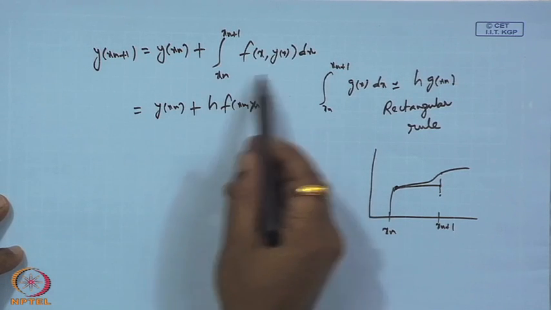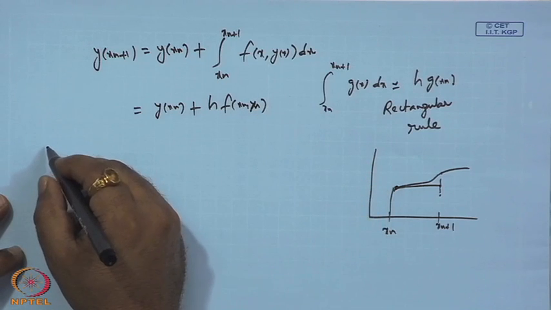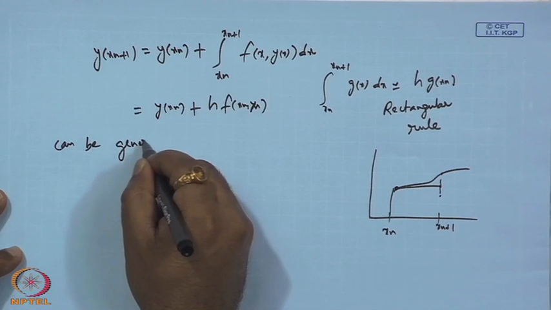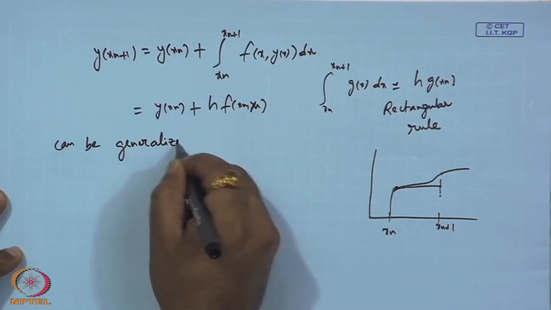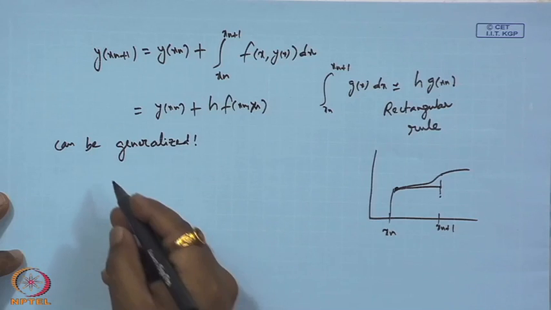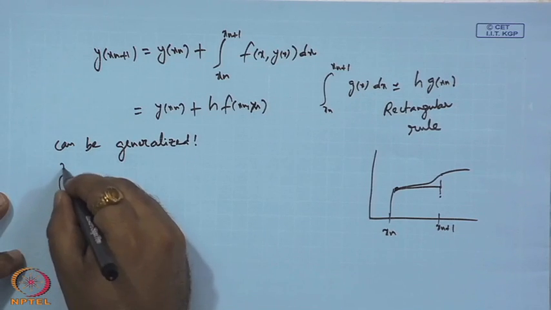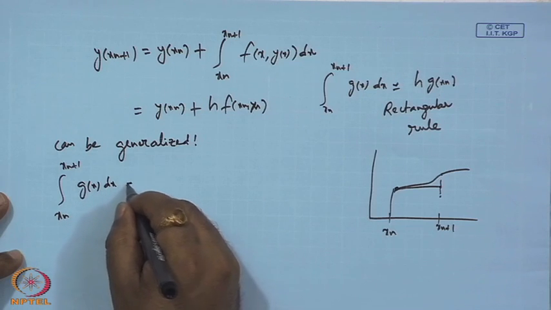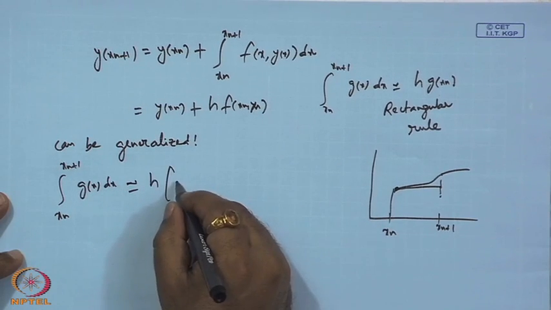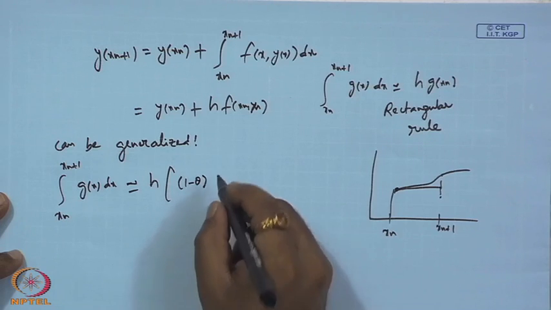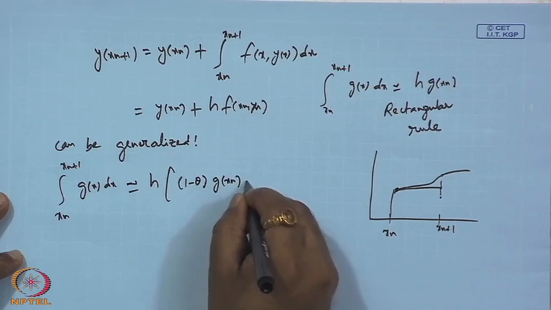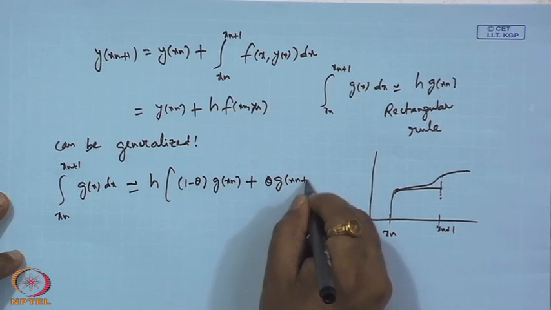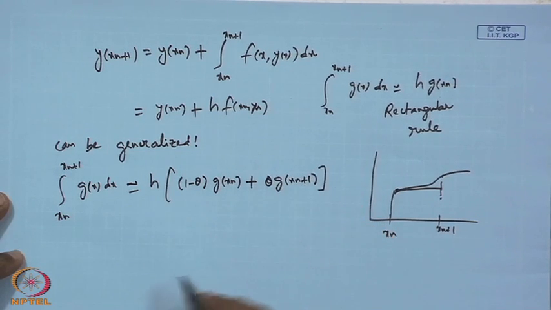So, now instead of rectangular, it can be generalized. So, how do we generalize? Say we generalize, so I will explain what this is.